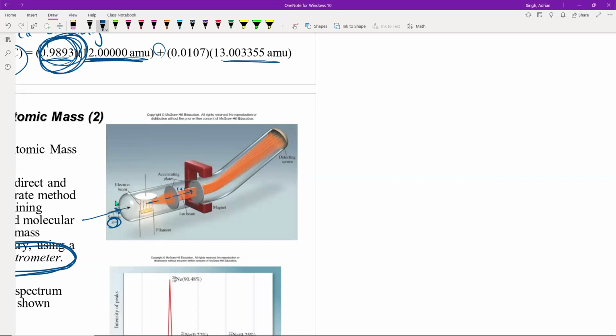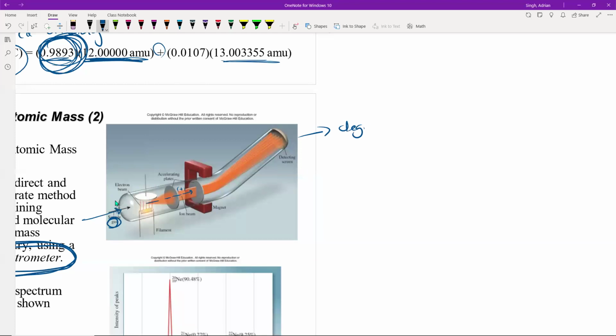As they are accelerated, they are then going to be deflected through two charged plates, and the degree of the deflection here is determined by their charge to mass ratio.